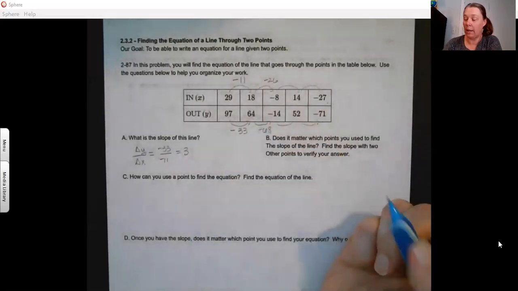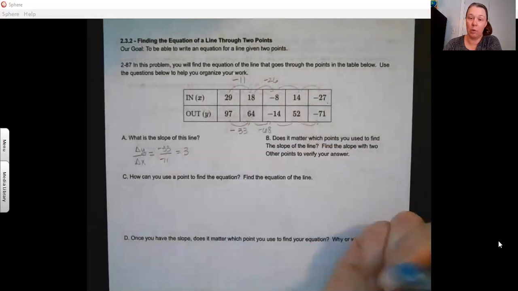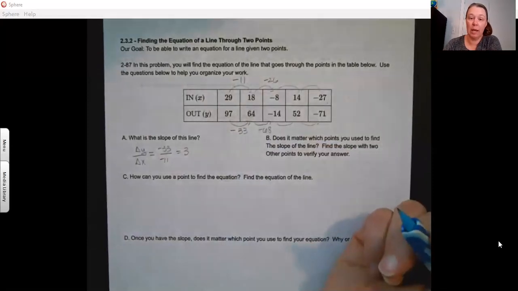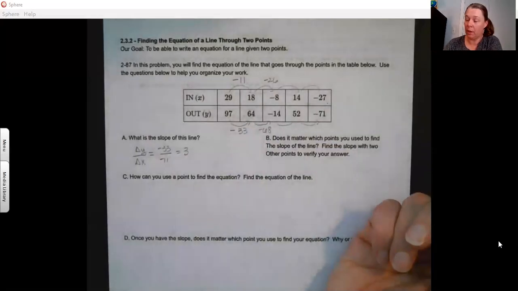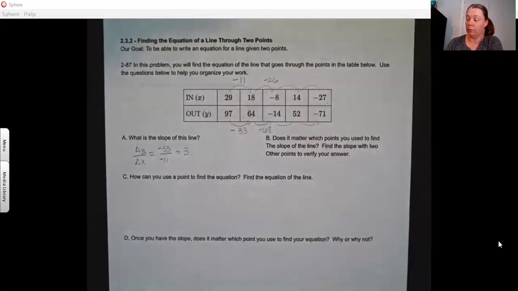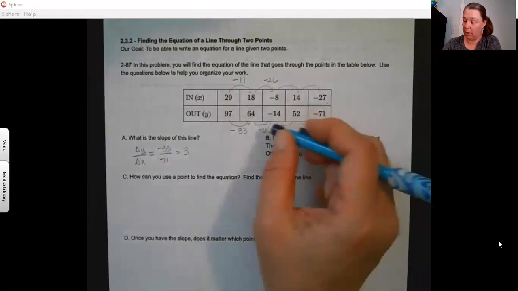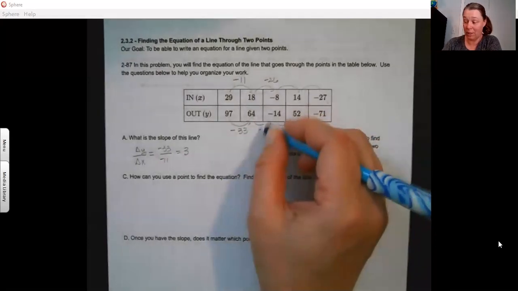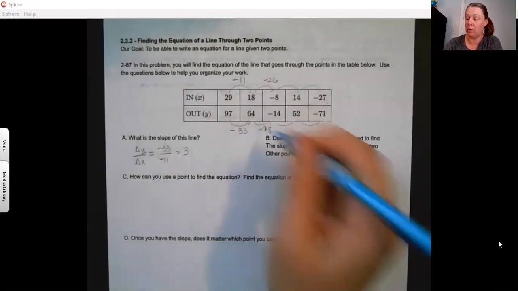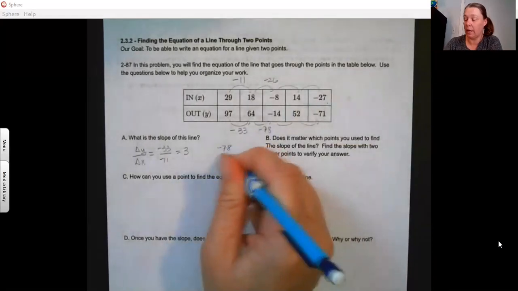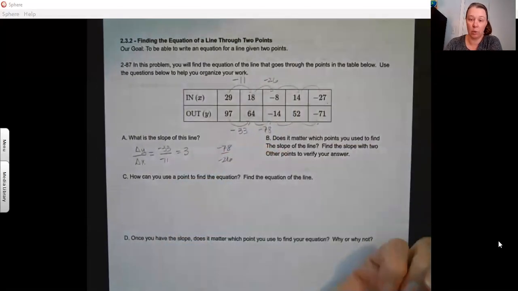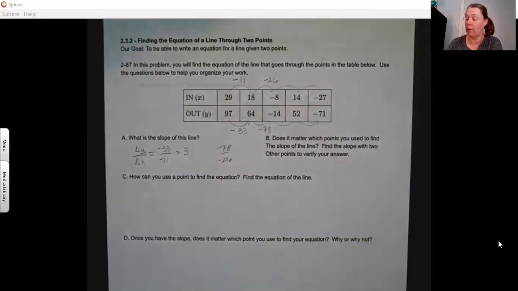Well, what's happening when I divide those? I'm going to get 3. It doesn't matter what points I use, right? It's going to be the same. So, oh, this isn't -68. Oh my goodness. You guys were probably like, no, it doesn't. It's -78, right? If I do -78 divided by -26, it equals 3. So it does not matter which 2 points we pick.